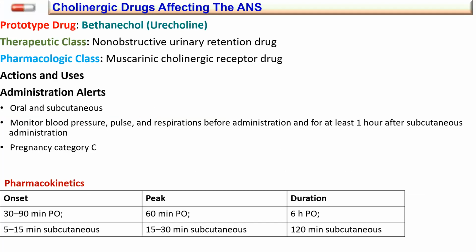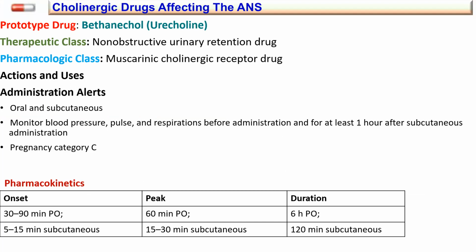This drug is a direct acting parasympathetic mimetic drug that interacts with the M receptors, the muscarinic receptors, to cause actions typical of parasympathetic stimulation. If you go back to parasympathetic nervous system stimulation, this drug results in the same functions or effects.